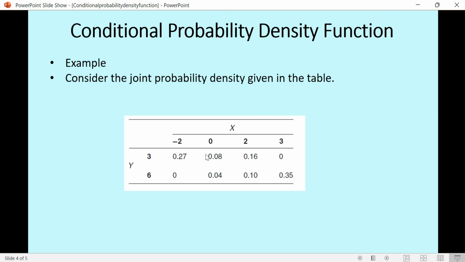Because these are discrete random variables, their joint probability is not necessarily 0 for the particular values. Their total sum is 1. And from the previous video, we can calculate the marginal probability for y equal to 3 and 6 by summing by row, and for x by summing by column.